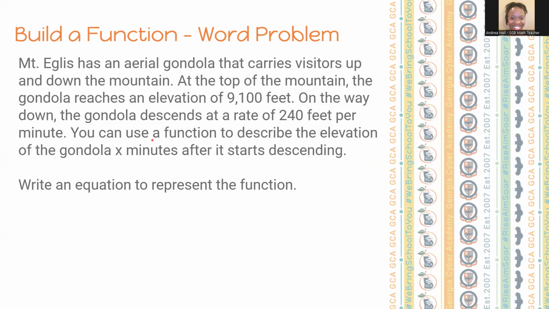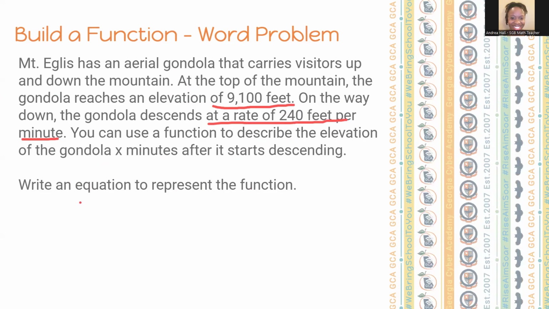You can use a function to describe the elevation of the gondola x minutes after it starts descending. Write an equation to represent the function. You don't necessarily have to understand everything happening here with the aerial gondola. But it says at the top of the mountain, the gondola reaches an elevation of 9,100 feet, and then it starts descending at a rate of 240 feet per minute.